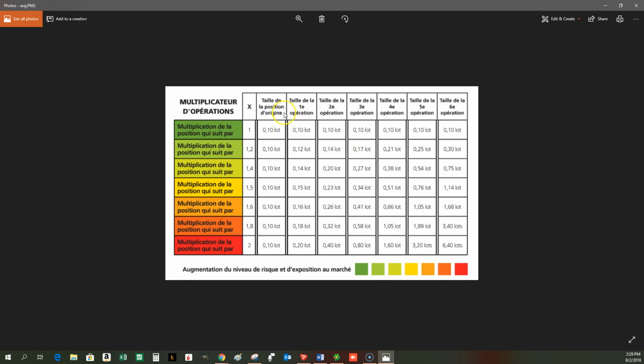We need to open maximum 3 positions of 0.10 lots with a coefficient of maximum 1.4.